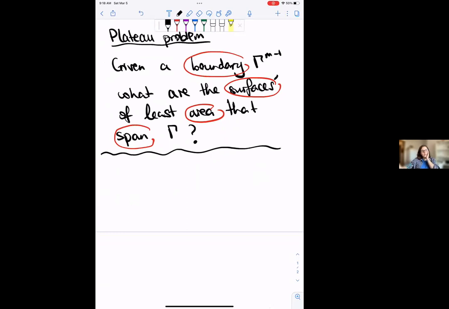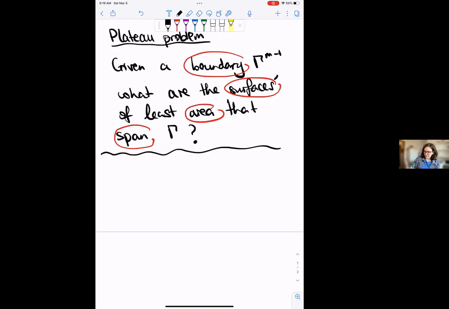You take your minimizing sequence of, say, smooth oriented surfaces spanning your given, say, smooth boundary. You take these so that their areas converge to the infimum, and you want to understand what the limit is. But there are many examples you can construct that lack compactness.